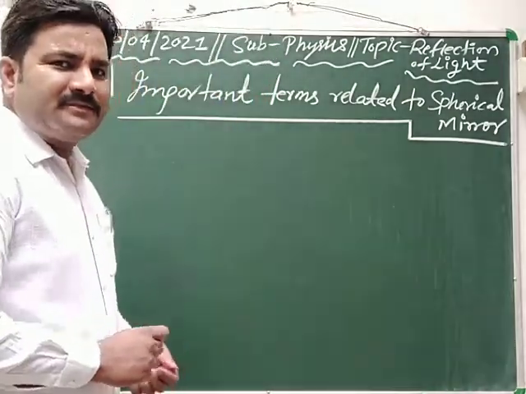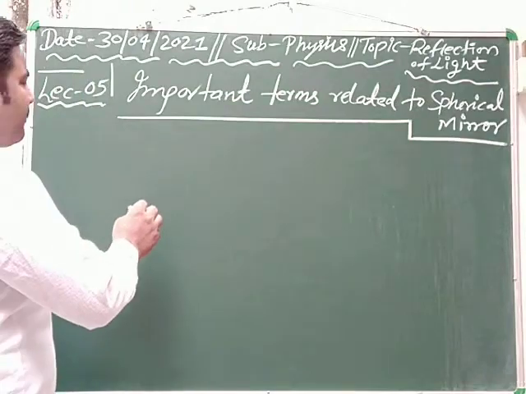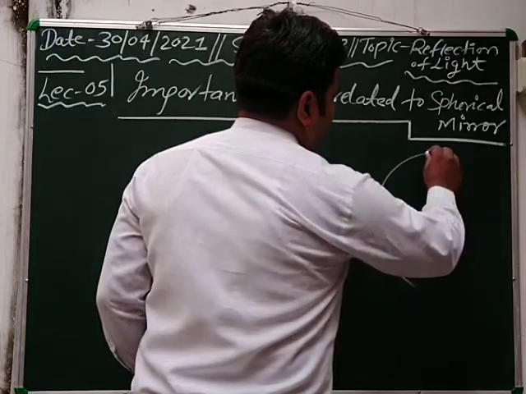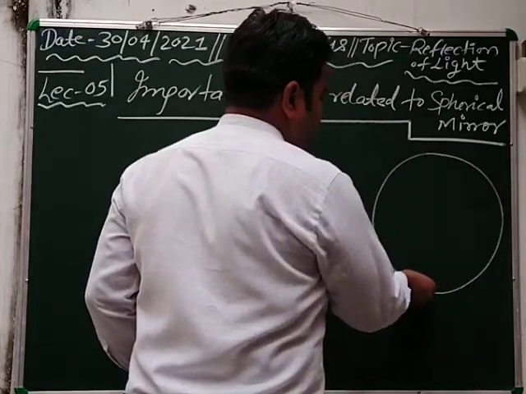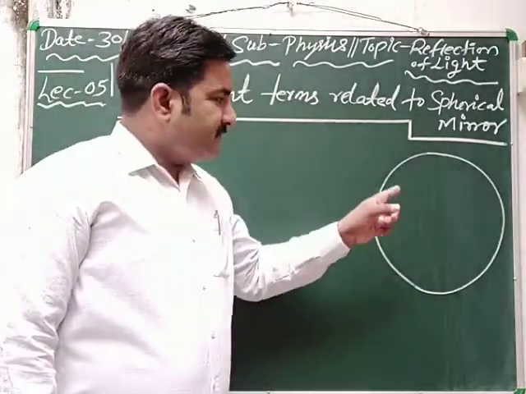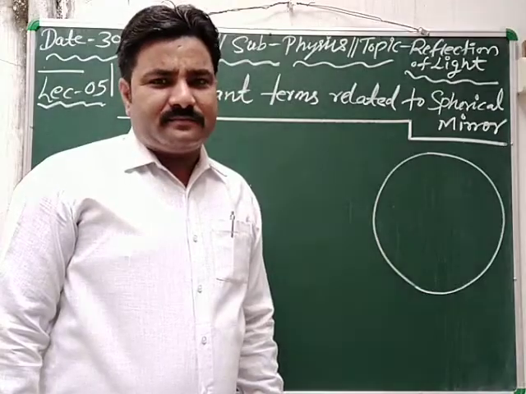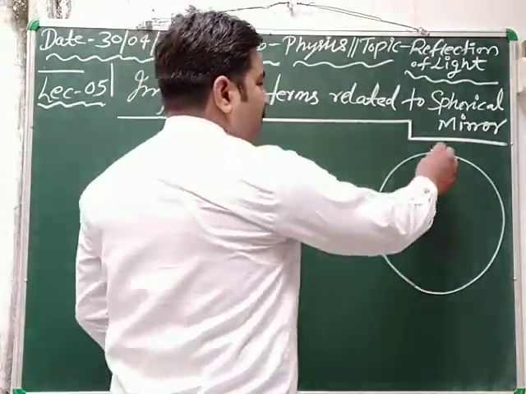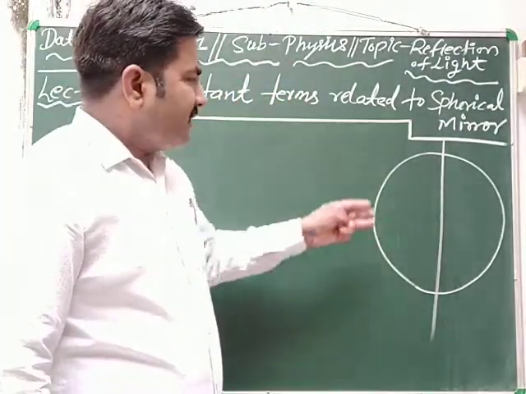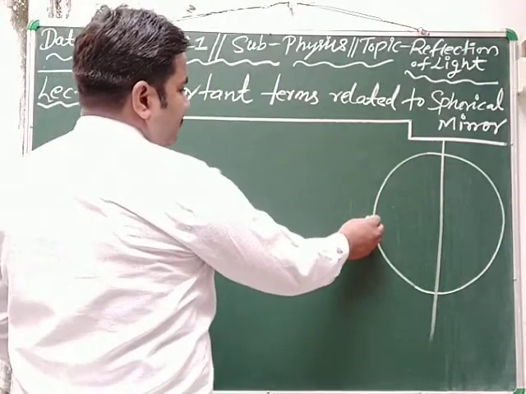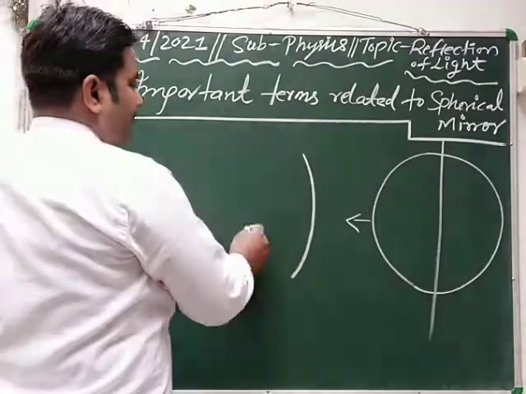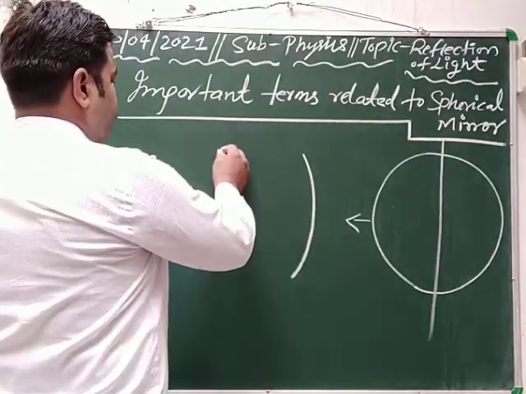Just see, spherical mirror, very simple concept. Suppose a hollow sphere. This is a hollow sphere, and when a hollow sphere is cut into two halves, then one part is taken in this way, and another part is taken in this way.